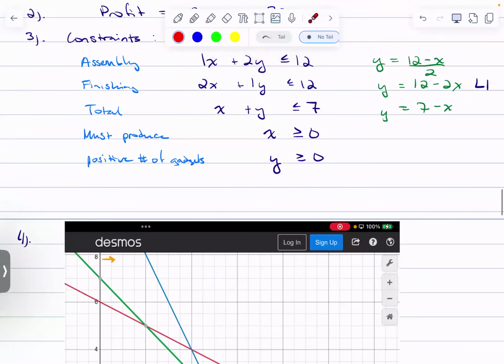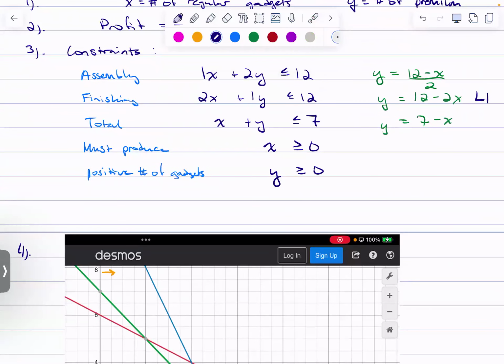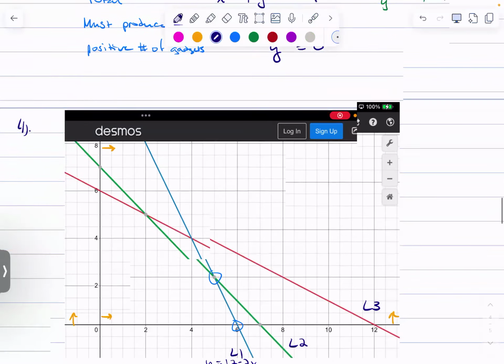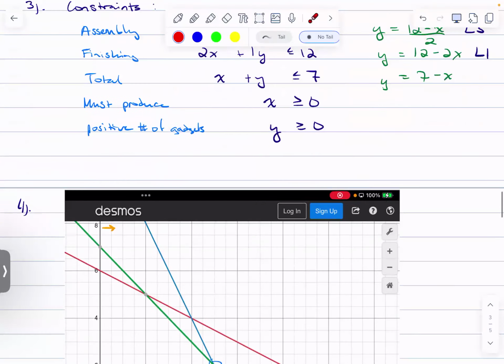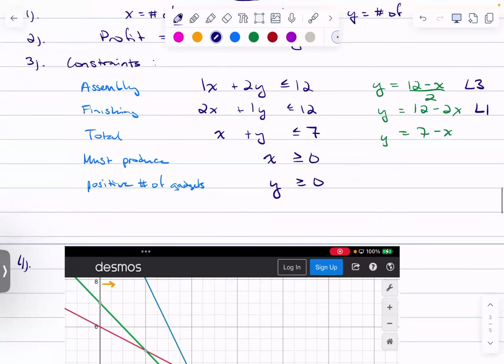That's all I want you to do. It doesn't matter how you solve it. So the red line is line 3, which by elimination means line 2 is the last one.